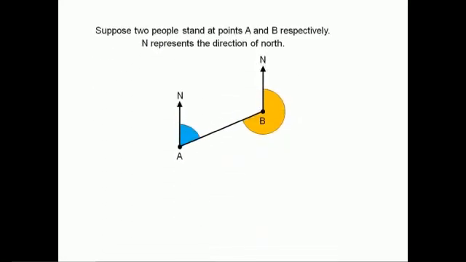Suppose two people stand at points A and B respectively, and N represents the direction of north.